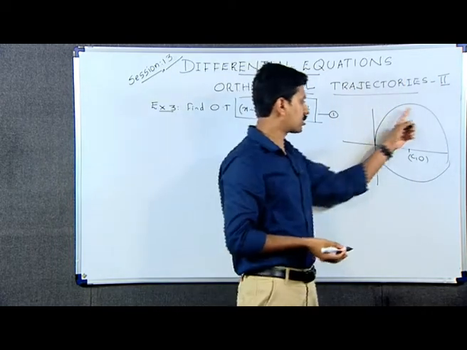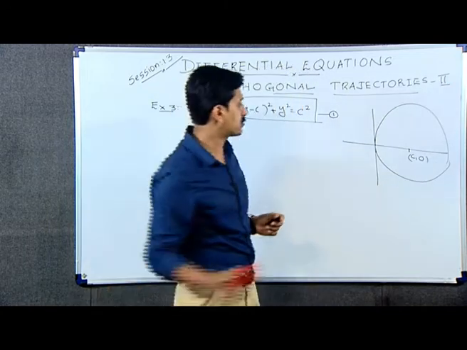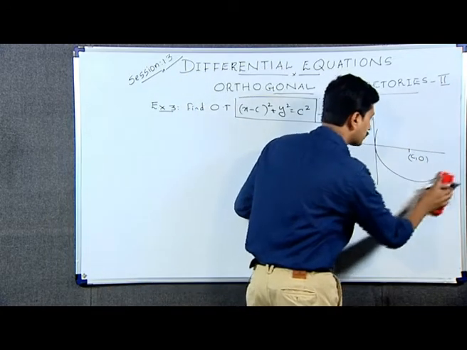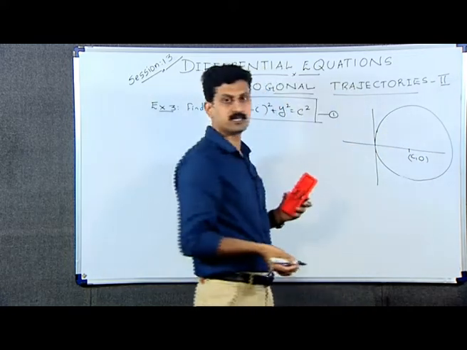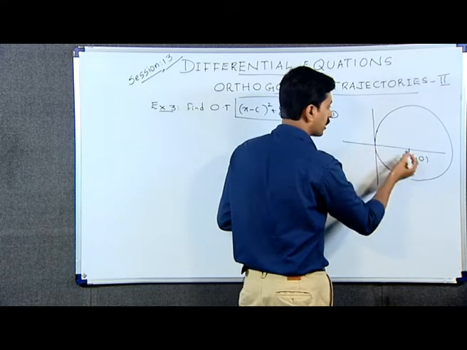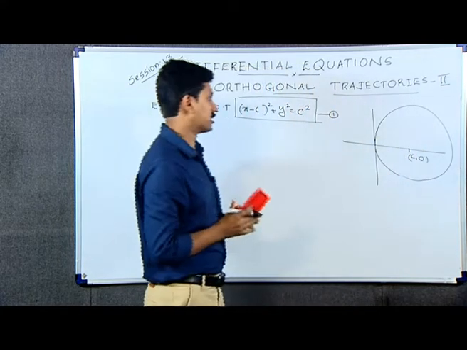That means the collection of all circles passing through the origin with radius c. So, we can have many circles with different radii.